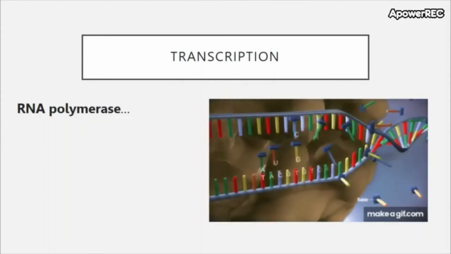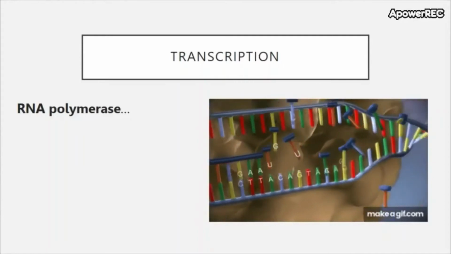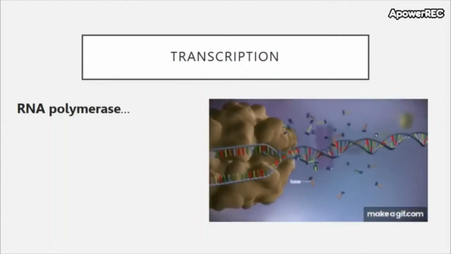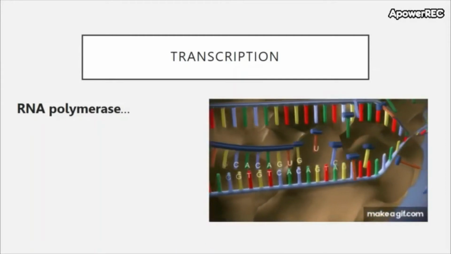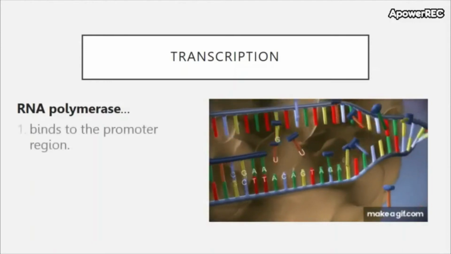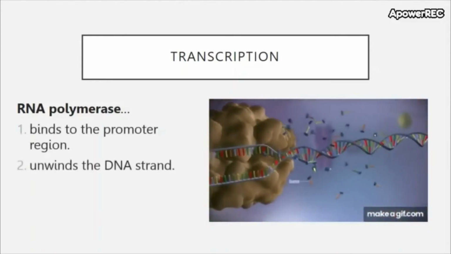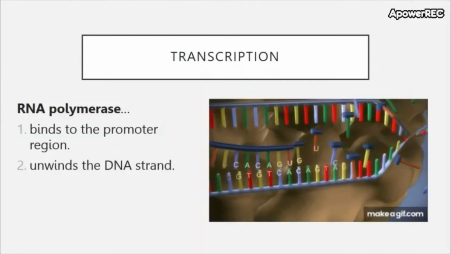So, the process of transcription begins with RNA polymerase, pictured here as this brownish glob. The RNA polymerase binds to a promoter region, which promotes the transcription of a sequence. And then it unwinds the DNA strand, much like helicase does.